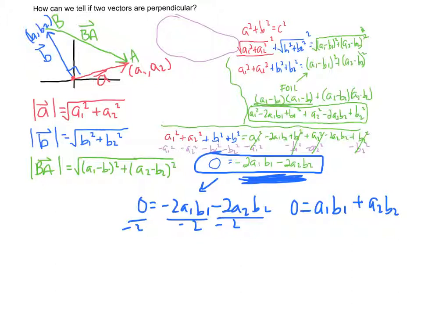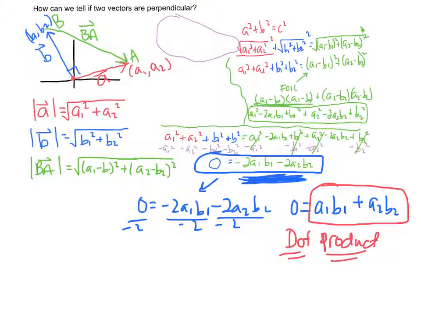And so this stuff right here is called the dot product. And this is really where we're trying to get to in this lesson. Sometimes it's called the inner product, depending on who the manufacturer of the book is. Most linear algebra courses or physics courses you'll see it called the dot product.